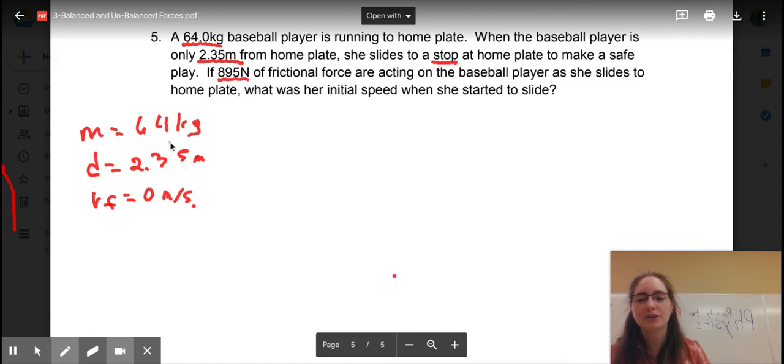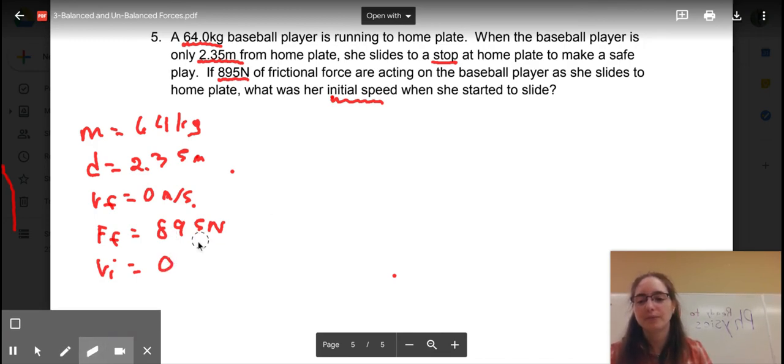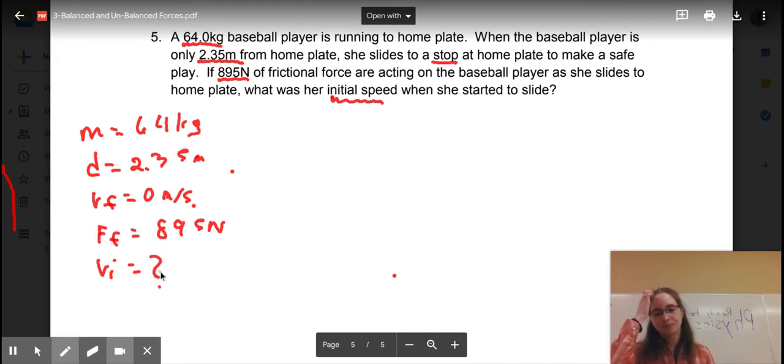If 895 newtons of frictional force was applied, so force of friction is 895 newtons, acting on the player as she slides to the home plate, what was her initial speed when she started to slide? Oops. Not 0. What's question mark? There we go.